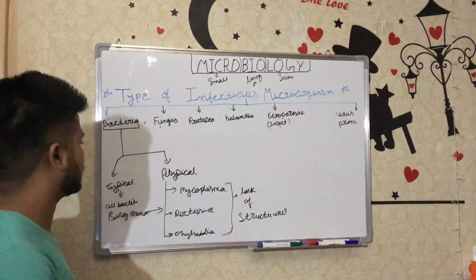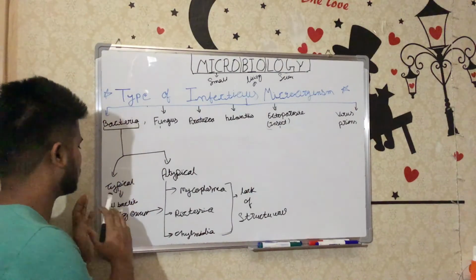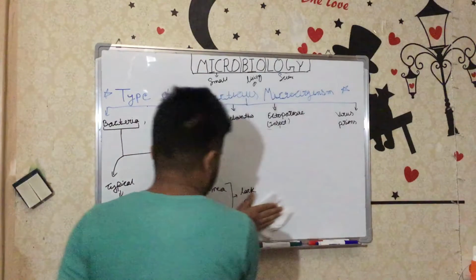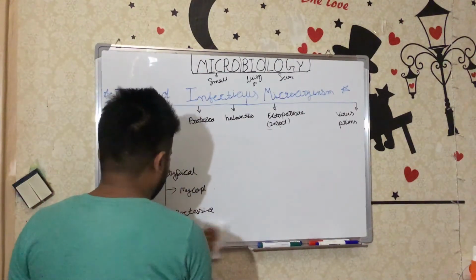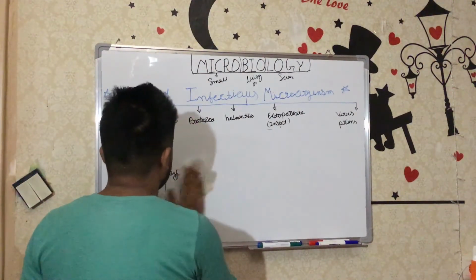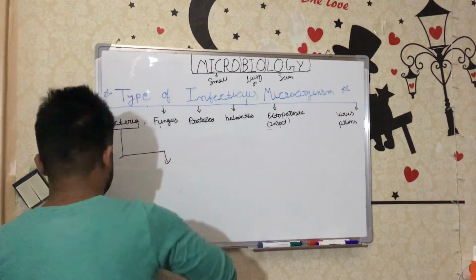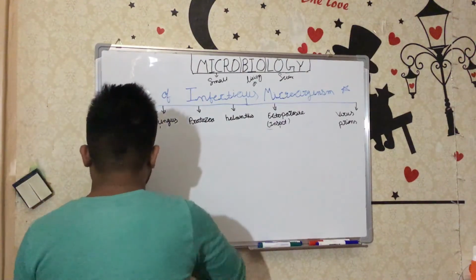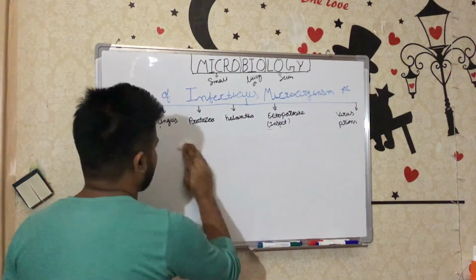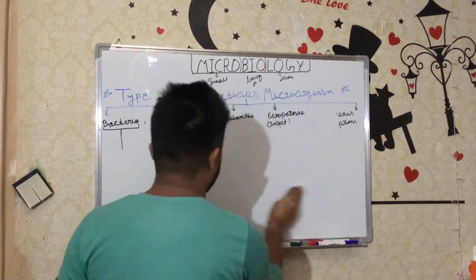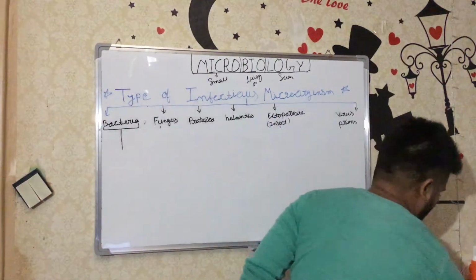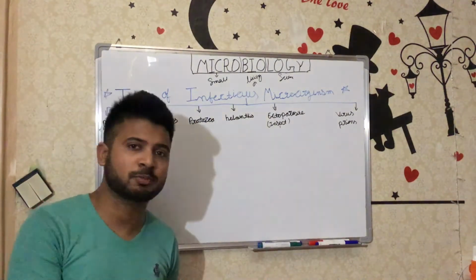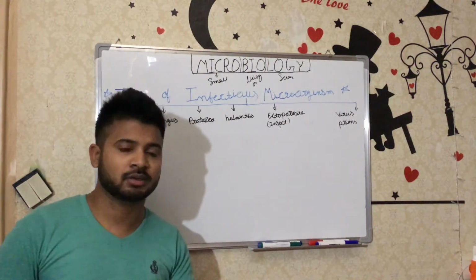So according to the structural classification, bacteria are typical or atypical, and then according to staining. A staining method means how you recognize which group a bacterium belongs to. Staining is very important because then you can recognize the properties of the bacteria, and once you understand them, it is easy to treat the patient.